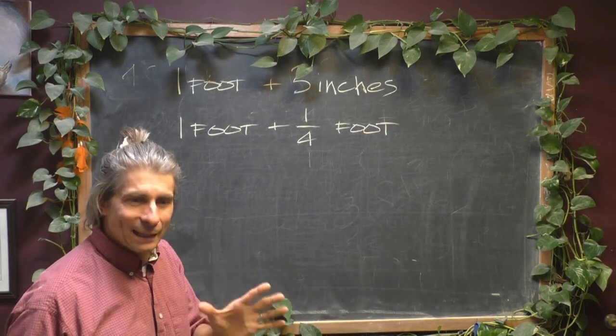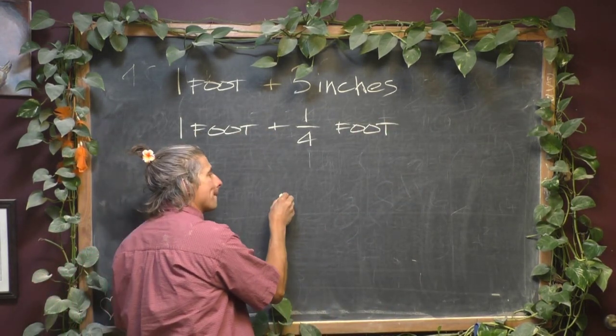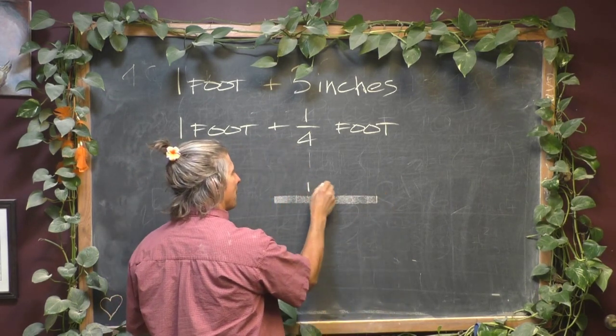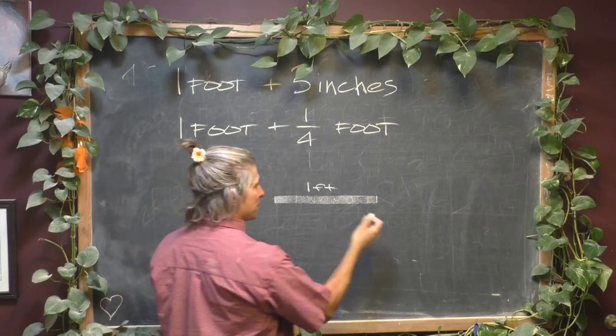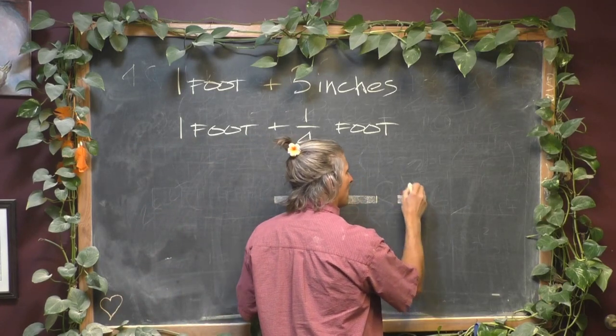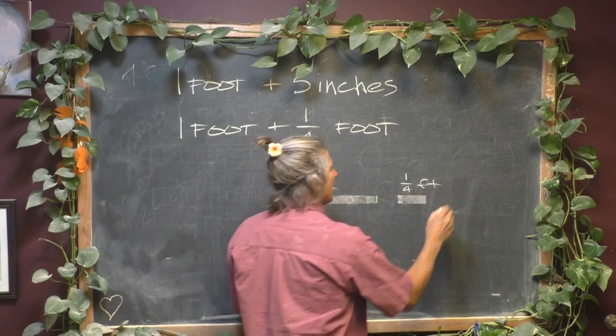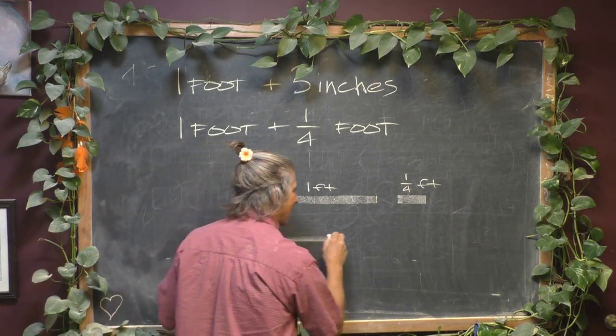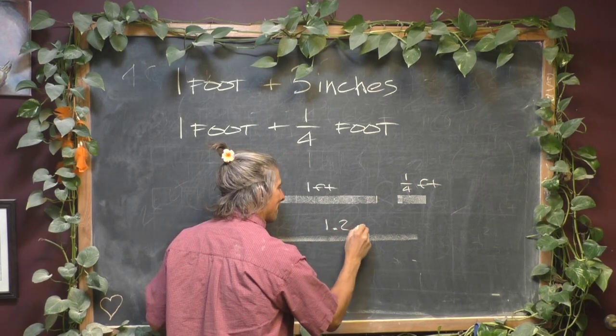So if we envision what that looks like, imagine what a foot looks like. That's about a foot, right? That's 1 foot. And then 1/4 of a foot is going to be 1/4 of that. If you bump those two things together, you're going to end up with 1 1/4 feet.